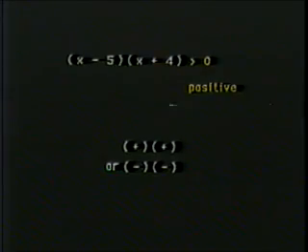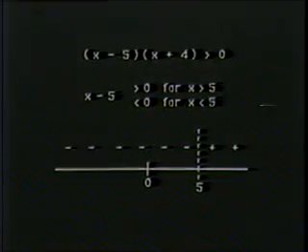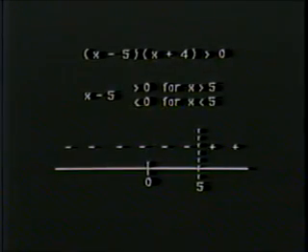Next step, we take a careful look at when each bracket can be positive or negative. And then we draw a picture that shows the answer on the number line. Here the number line shows the first bracket, x minus 5.